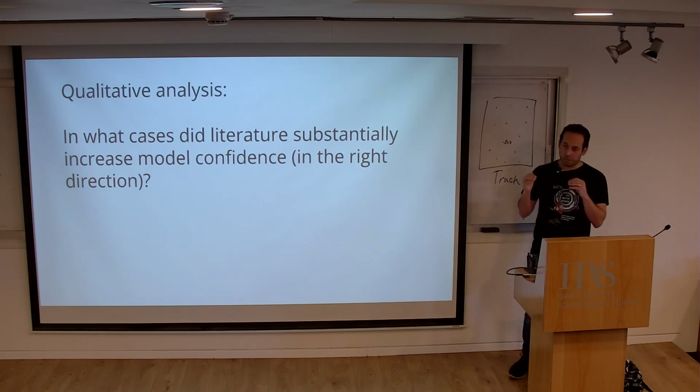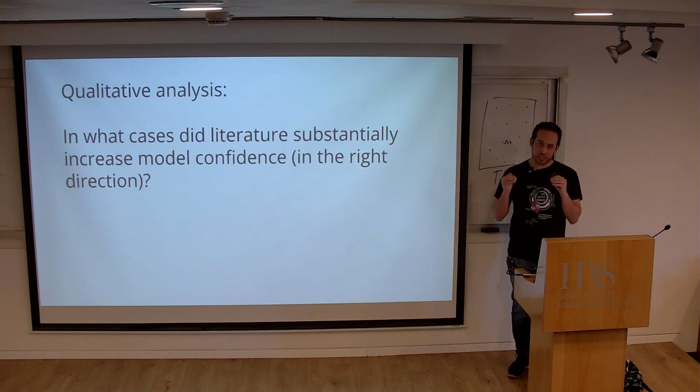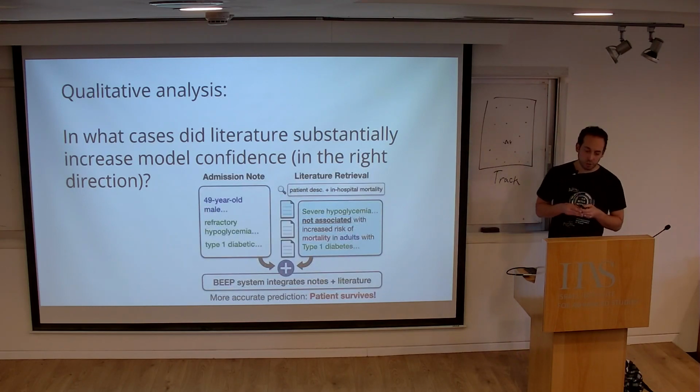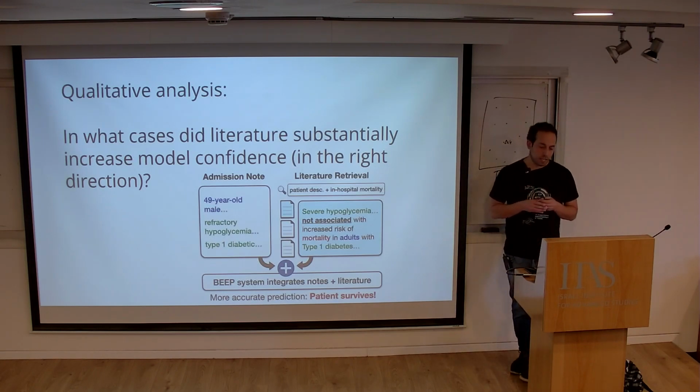And then we're looking for the cases where adding the literature adds the big delta, increasing the confidence in the right direction. Actually, the example I showed you earlier was one of these cases where the literature substantially moved the confidence in the direction of the right label and flipped it from wrong to right.